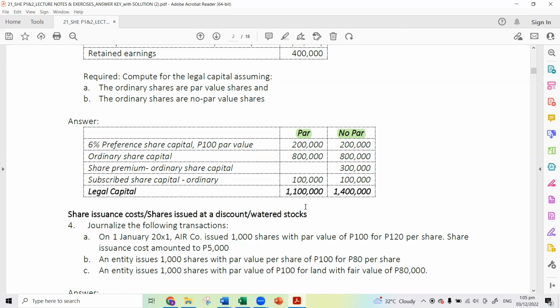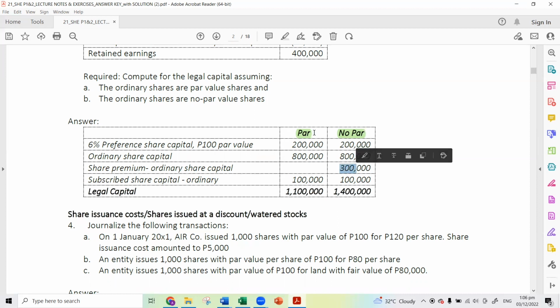So total consideration naman, ano yun? That represents the subscription price inclusive of the amount in excess of stated value. Ibig sabihin, kasama si share premium.